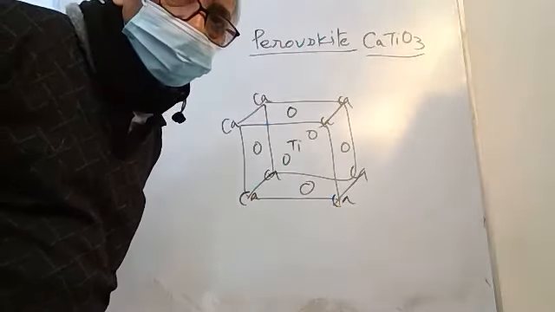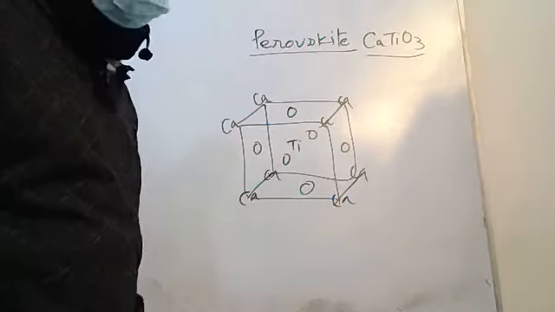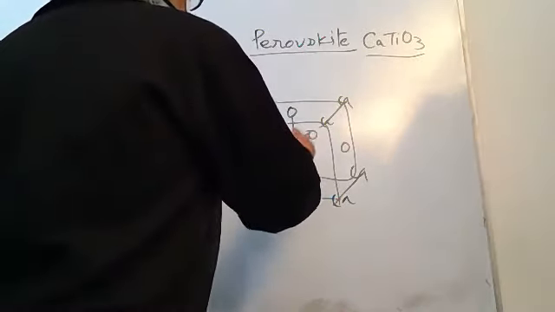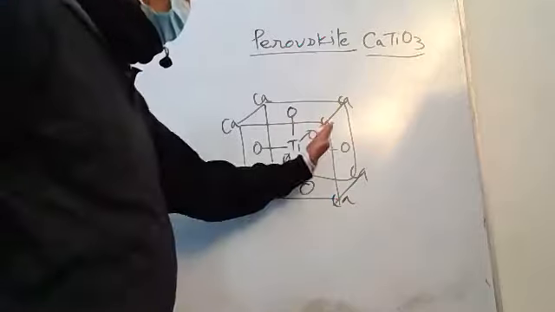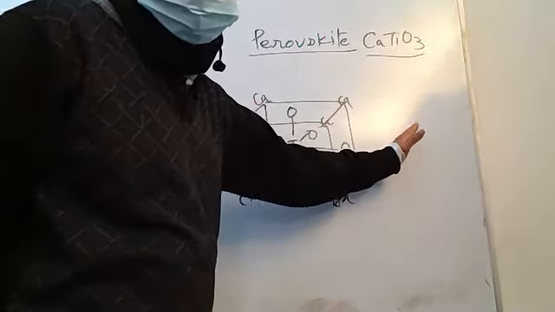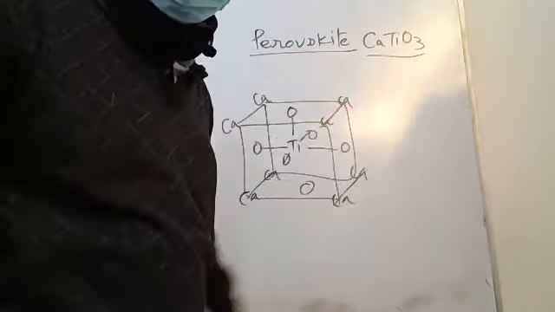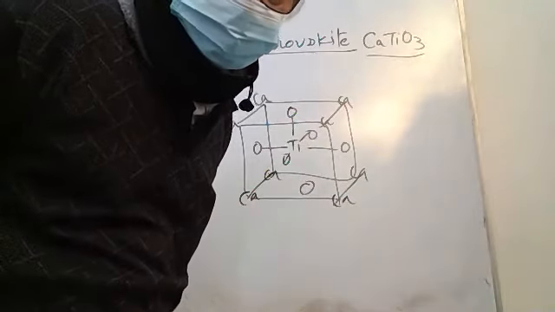So that is a very important crystal structure. Here you have TiO6 octahedra. If you go to the next one, again TiO6 octahedra, these are all corner-shared, a 3-dimensional network of TiO6 octahedra.